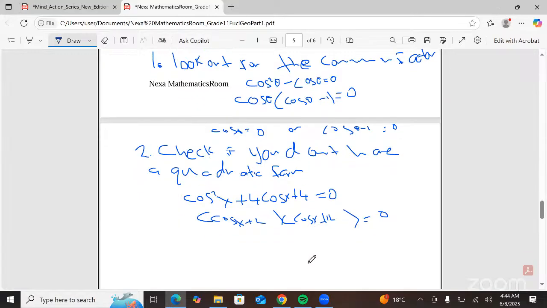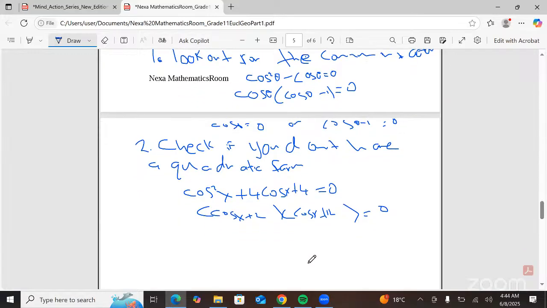And then if there is no quadratic format, what else can we check for? Oh, check the identity.